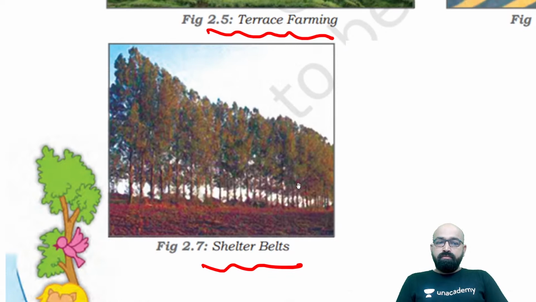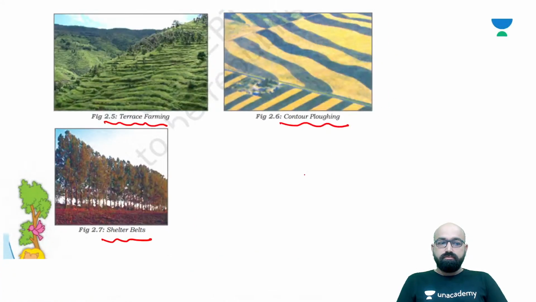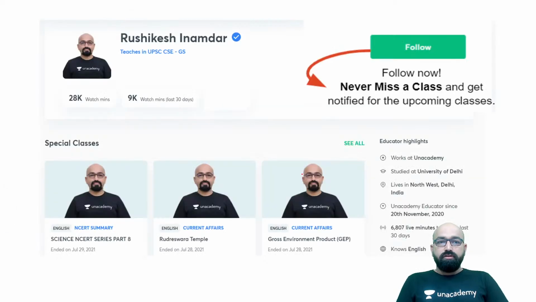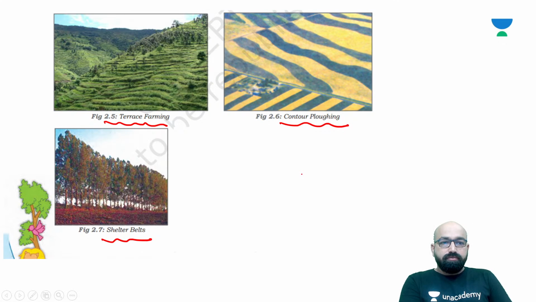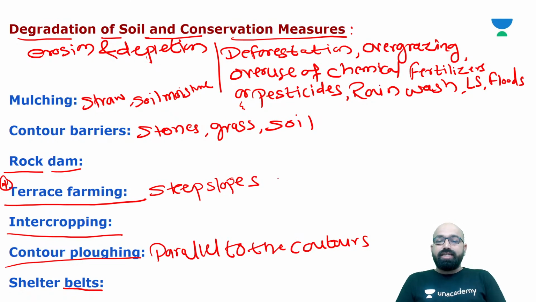And then shelter belts. Yes. So friends, the terrace farming, which is made on steep slopes so that surfaces are available to grow crops, and they reduce surface runoff and soil erosion.